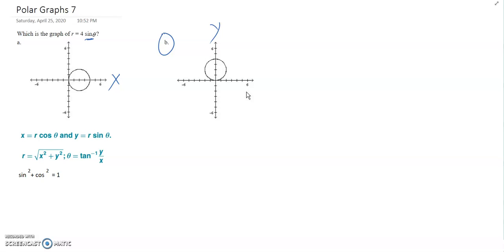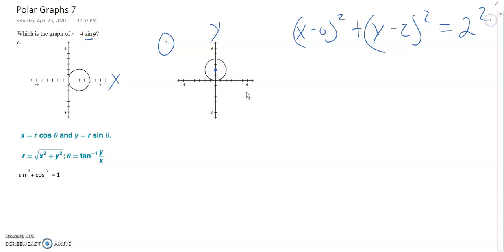If you wanted to get the equation of this circle the long way, we know it's going to be x minus 0 squared plus y minus 2 squared equals the radius squared, and the radius is also 2, so 2 squared. It takes a lot more work to get from this equation to that equation.